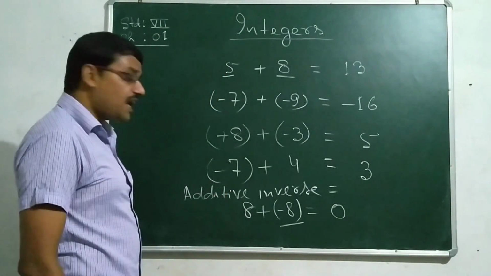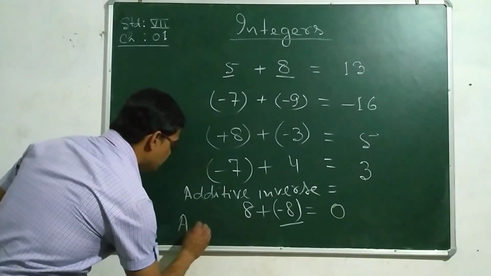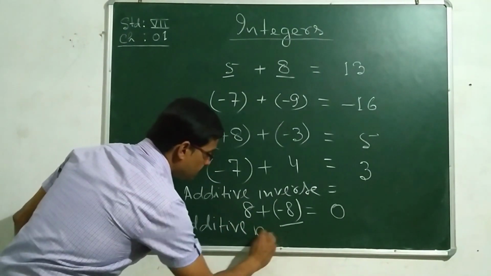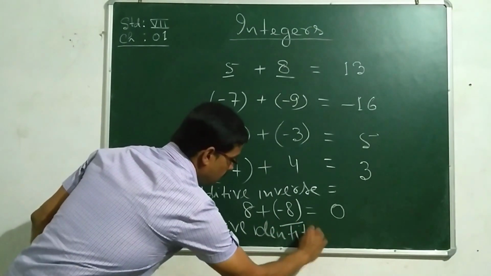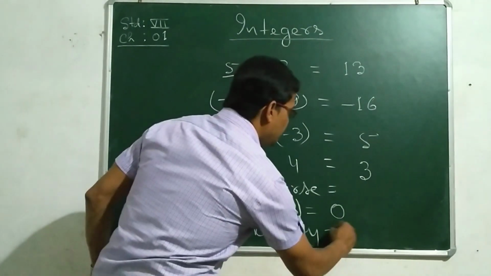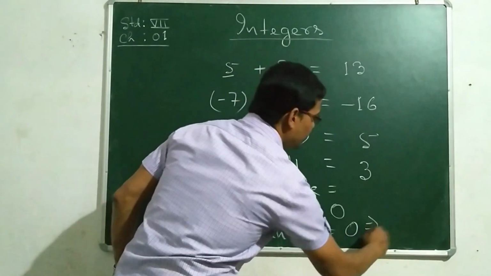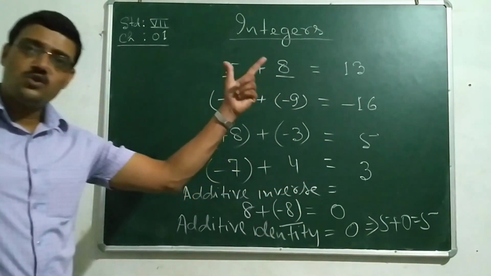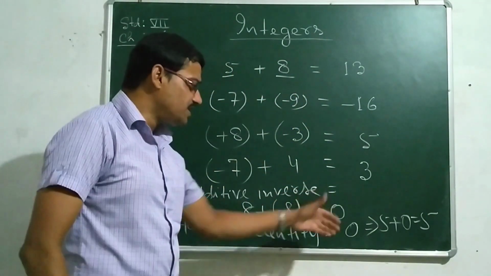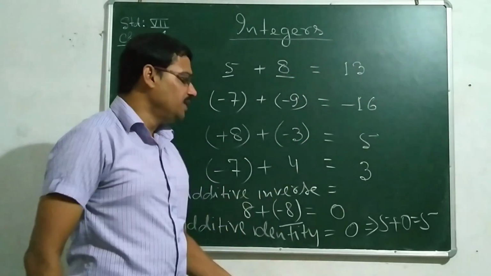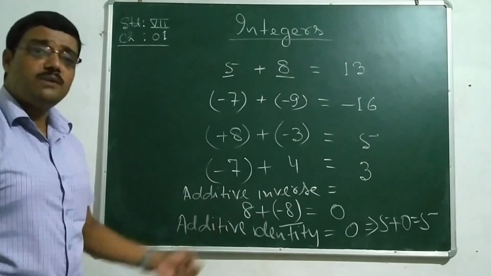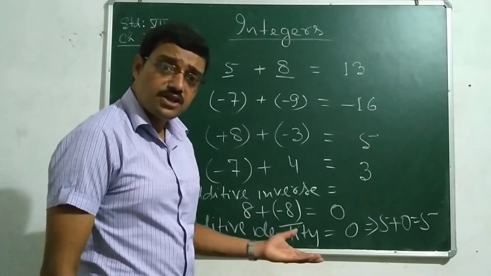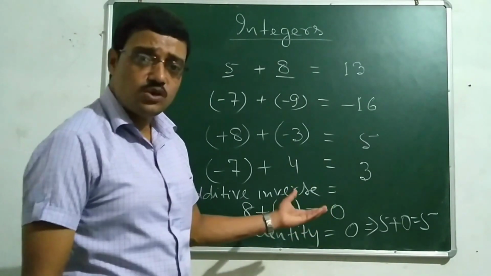One more thing is additive identity. Let us discuss the additive identity. The additive identity of any number is 0. For example, 5 plus 0 equals 5. If you add 0 to any number, then the result is the same number. So if 0 is added to any integer, the result will be the same integer to which the 0 is added.